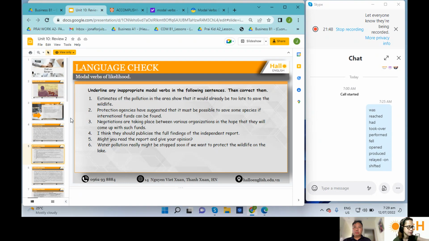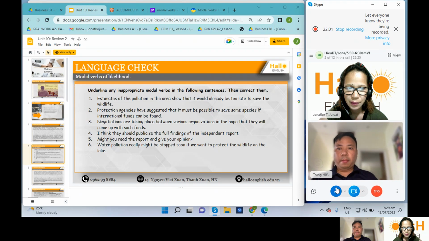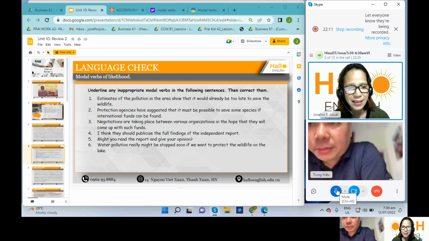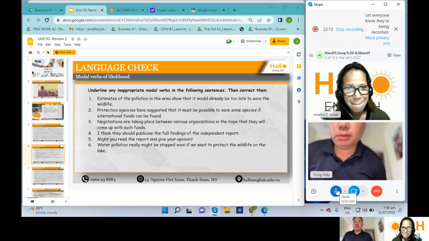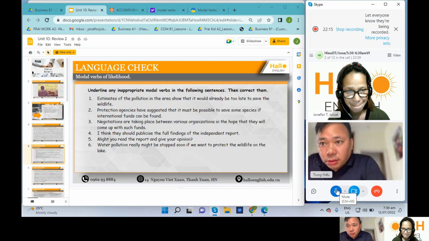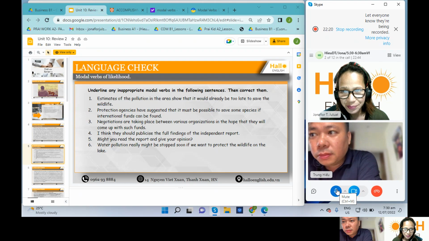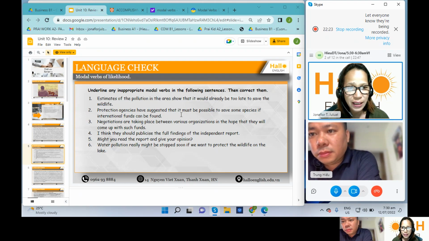So where is the modal verb? The modal is must, right?